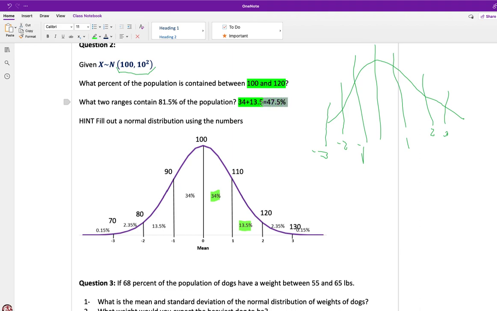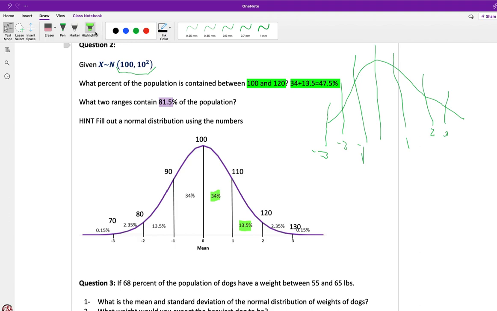Now, what two ranges contain 81.5% of the population? So here you have to figure out what numbers add to 81.5. I'm looking at these three numbers that add to 81.5, but also curiously, these three numbers add to 81.5.